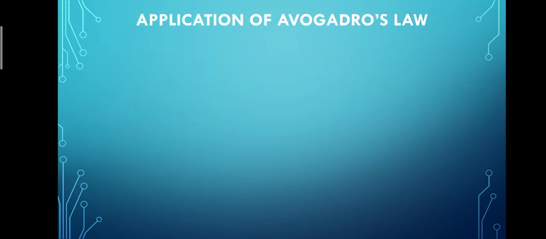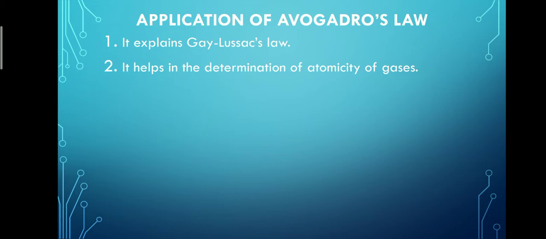Next one, applications of Avogadro's law. First application: it explains Gay-Lussac's law effectively. Second, it helps in the determination of atomicity of gases. Based on Avogadro's law, we can calculate whether it is monatomic or diatomic.